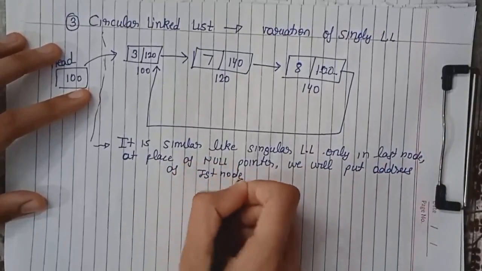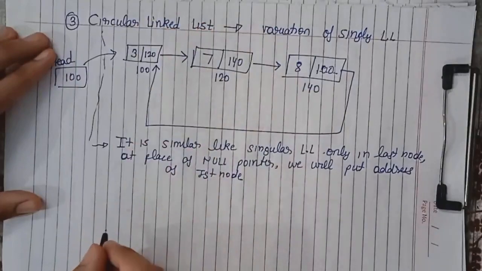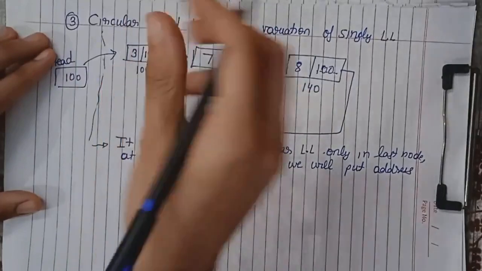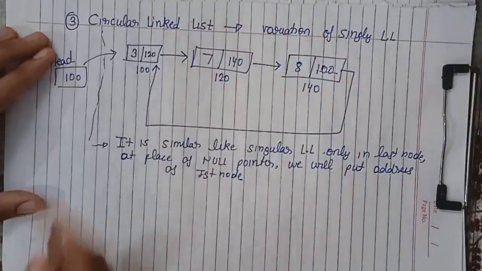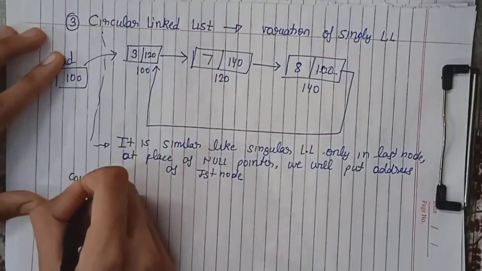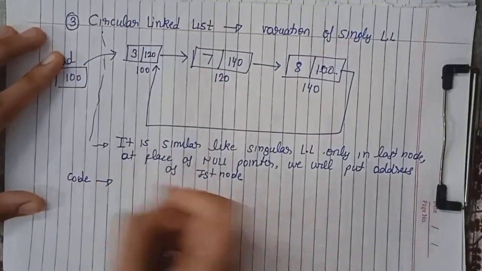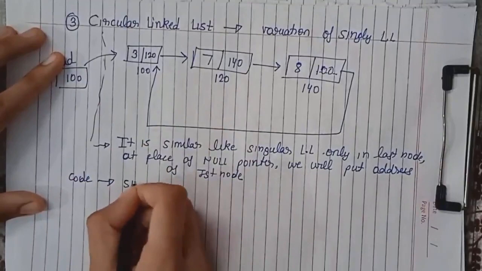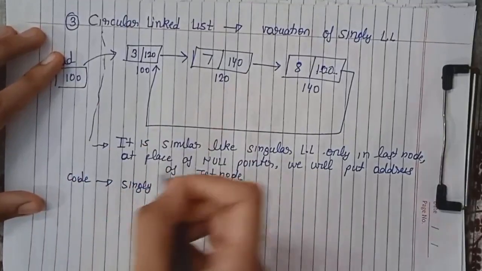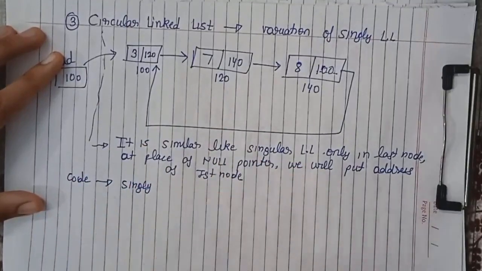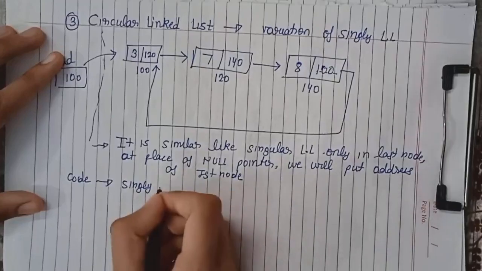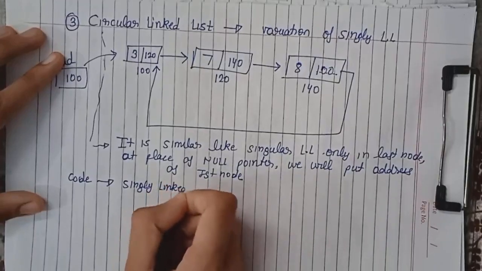Now I hope that the circular linked list is also clear to you. The code for its node will be the same as the singly linked list. The only difference will be in the implementation, which we will see in the code later on.